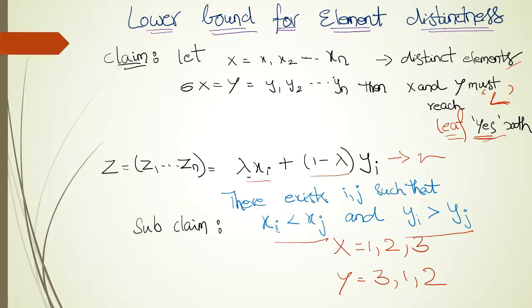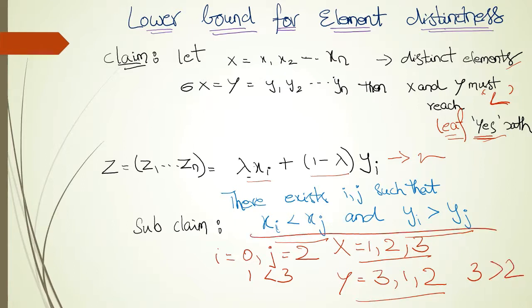Let us take i equal to 0 and j equal to 2. In this case xi is less than xj, so 1 is less than 3, and yi, 3, is greater than yj, 2. So we have claimed this, and we have claimed that every permutation has taken the same path L.